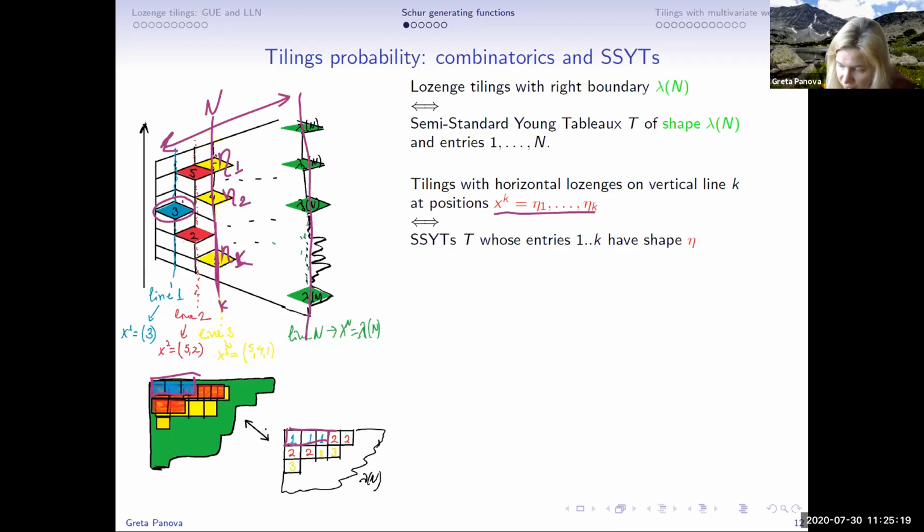Then we are going to look at the next line. So we are going to have 2 lozenges. One is a shifted position 5, and the other one is a shifted position 2. This makes a partition 5, 2.